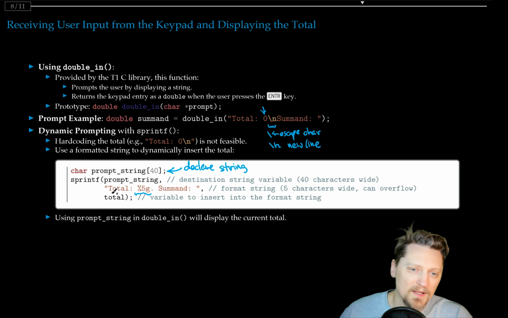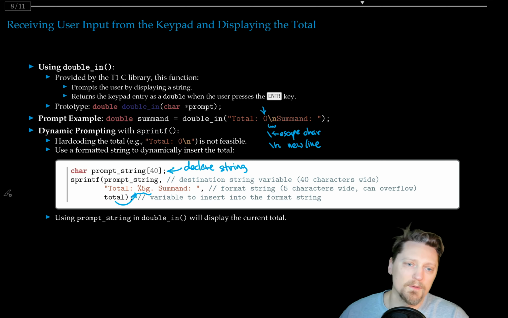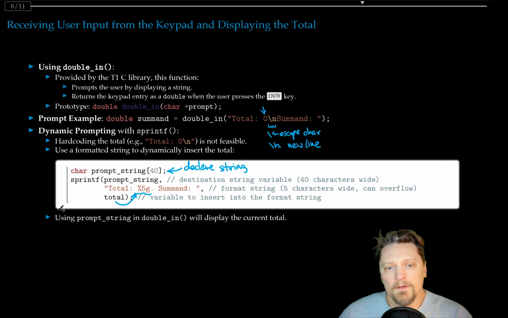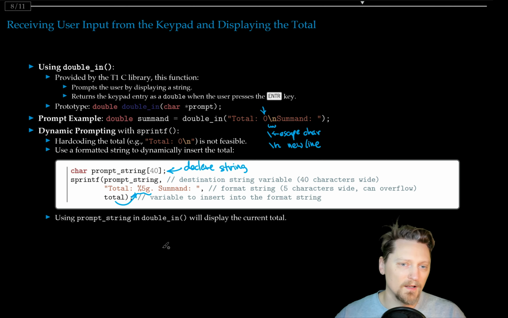And the last argument is the actual value that we would like to insert into this location. So whatever the total is goes there, and then that string that's now formatted with the total in it will be saved to prompt_string. Using prompt string in double in, we'll display the current total. So that's our formatted string to pass to the double in function to prompt the user for a number to sum.